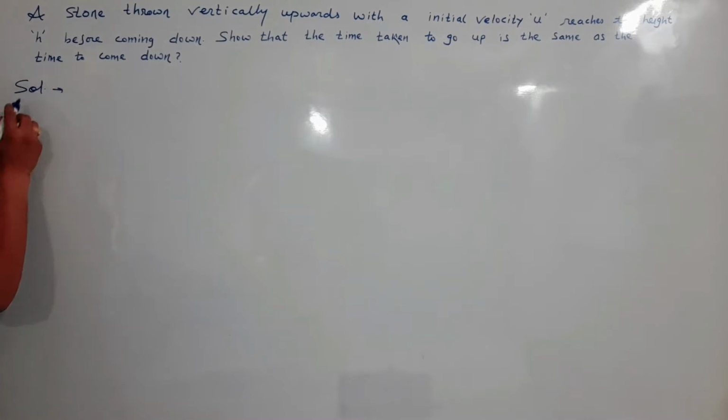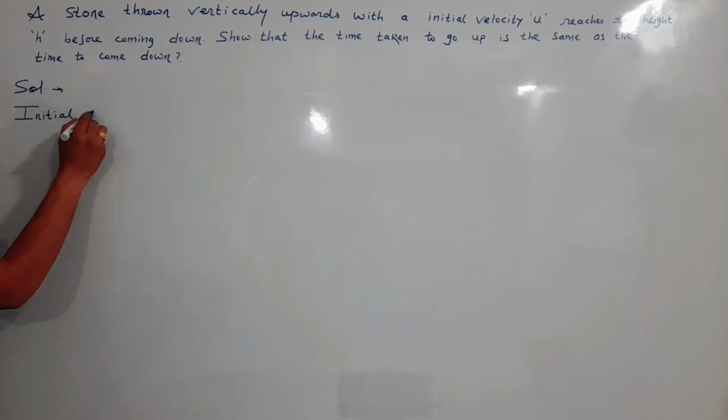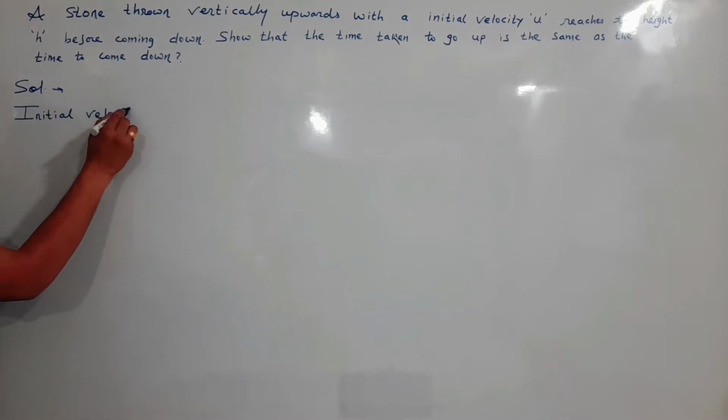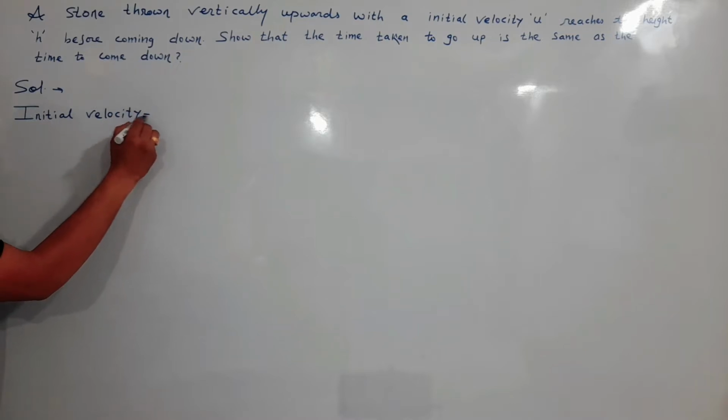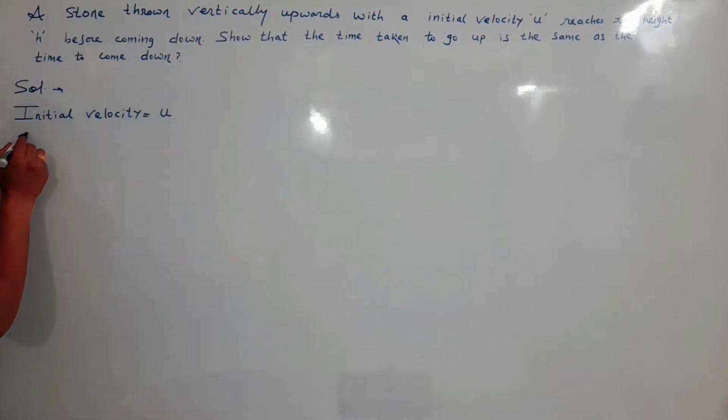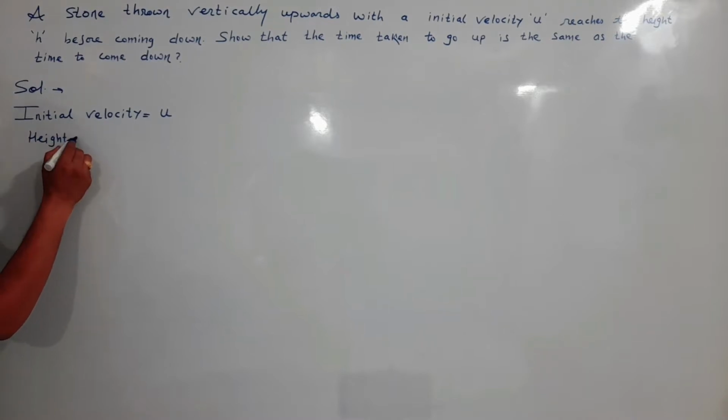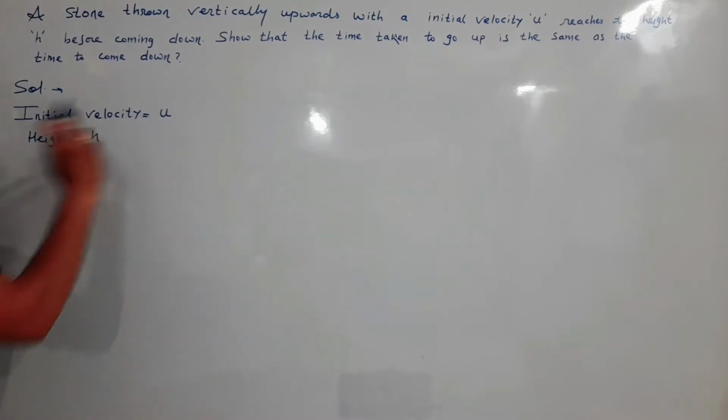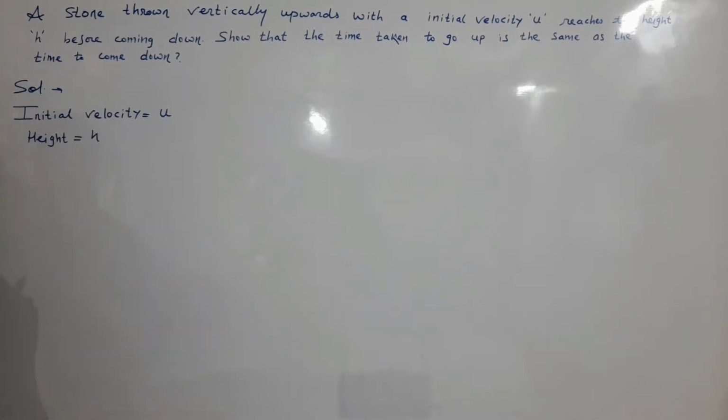Solution. Initial velocity is given, u, height is given, h. Now my dear student, these two pieces of information are given to us, but we also have the kinematical equations which we have studied in 9th standard.